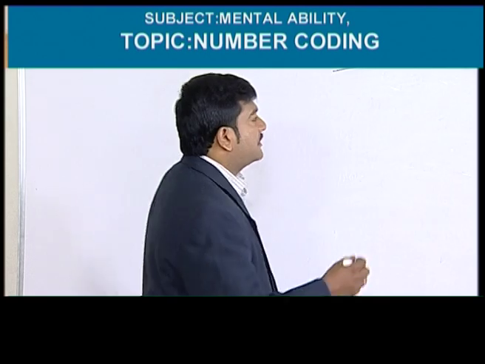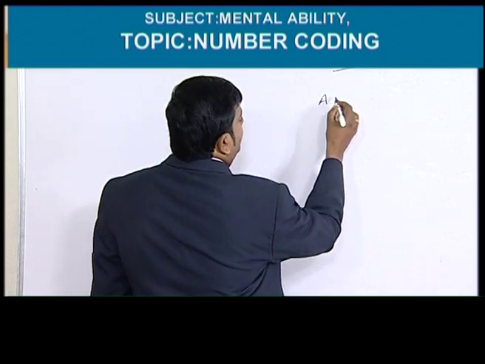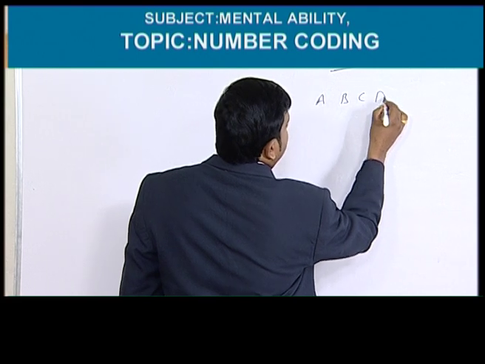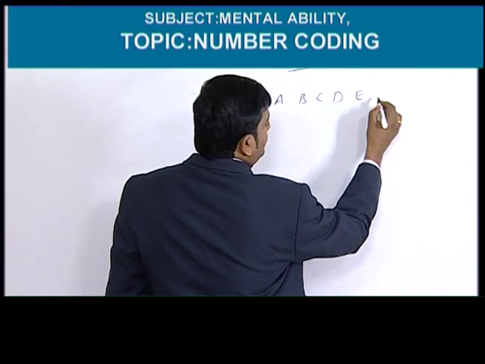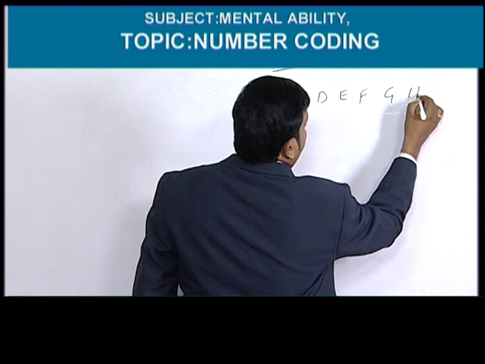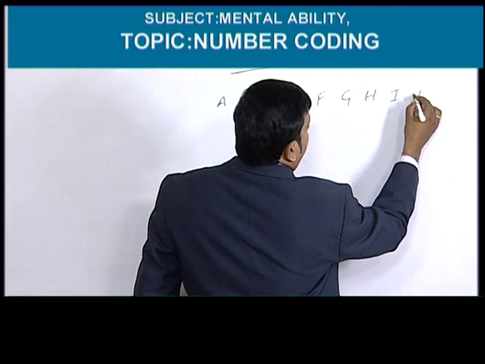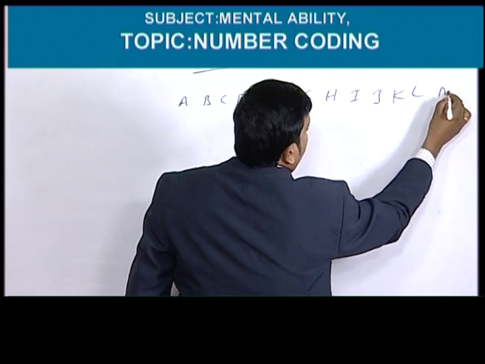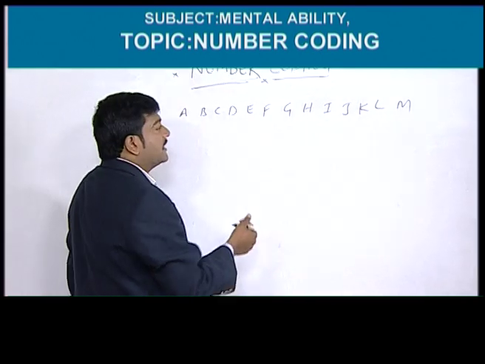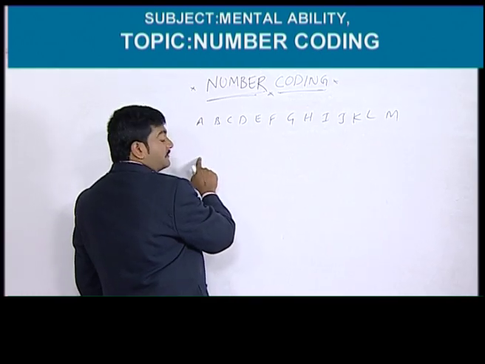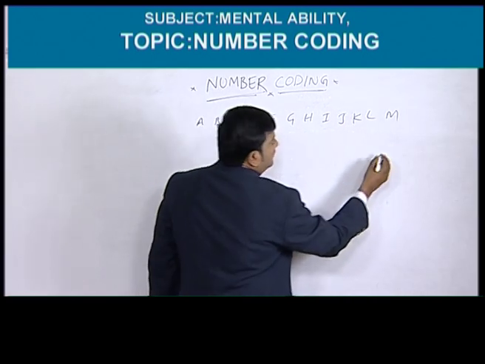Let's say the alphabets are A, B, C, D, E, F, G, H, I, J, K, L, M. After this M, instead of starting N from here, I am starting N from there.